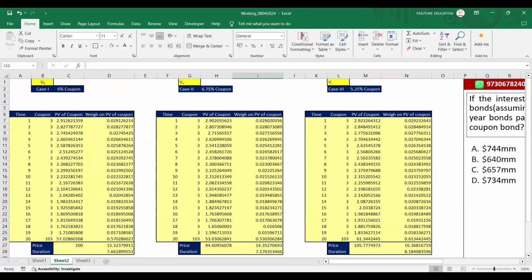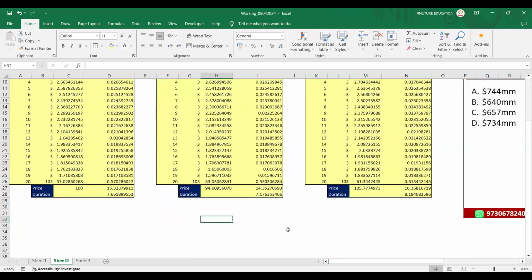You bump up your interest rate by 75 basis points, your price came down; bump down your interest rate, your price went up. Can anyone remember what the formula for duration was? Just duration I'm asking about. Price impact we will calculate, but duration.